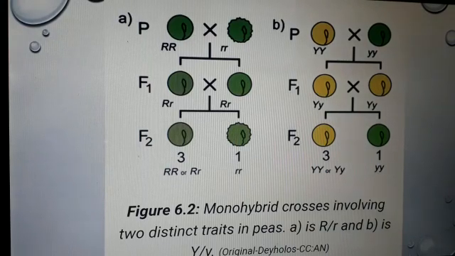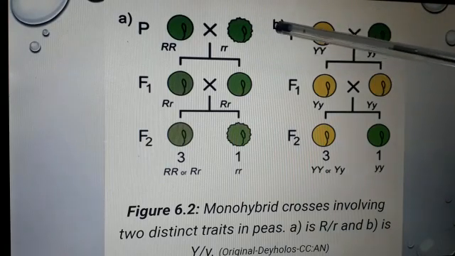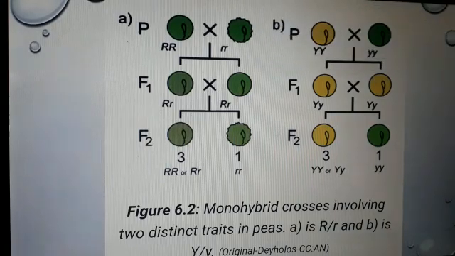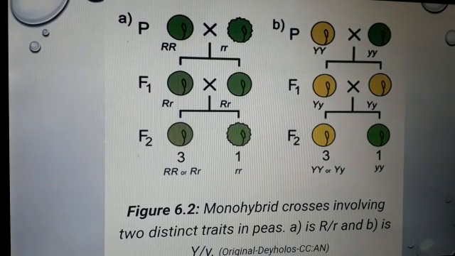If we perform the experiment taking the round and the wrinkled seeds, then in F1 generation we will get all seeds round, and in the F2 generation we will get round and wrinkled in 3:1 ratio.